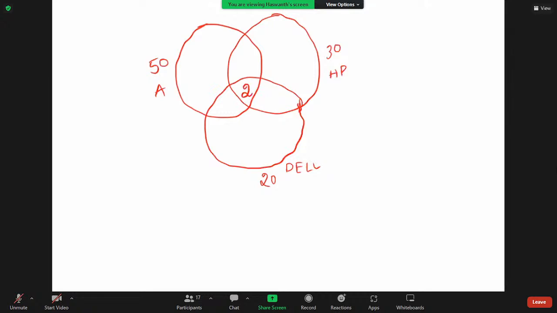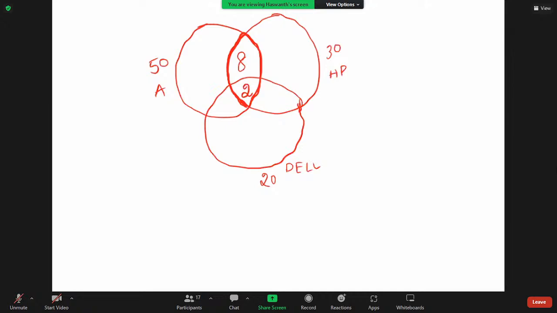Then he said 10 use both Apple and HP. Both Apple and HP means the total value in this region which I am shading just now must be 10. Already 2 is present in all three, so the remaining 8 will be using only Apple and HP. 5 use both HP and Dell.